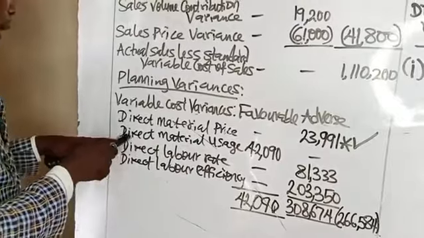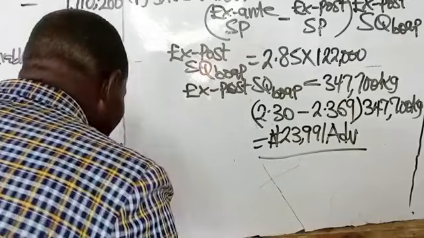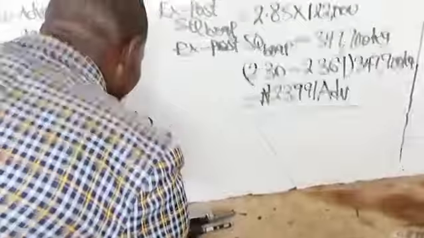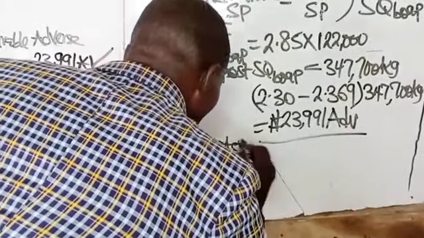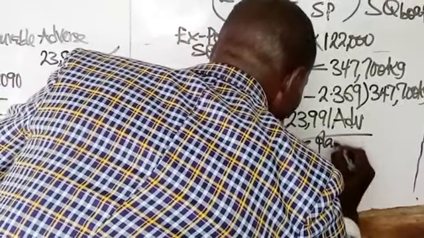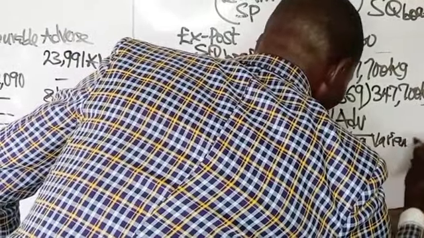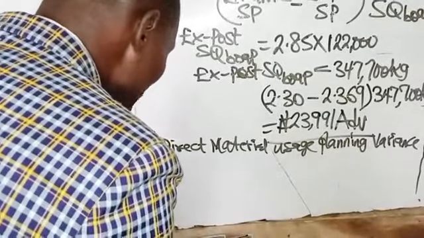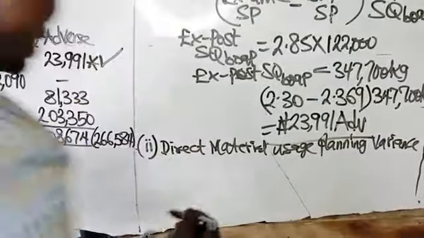Then you want to confirm how they arrived at the direct material usage planning variance. For usage, it's talking about the quantity used in production. And remember, in planning variance, you are comparing the ex ante with ex post.